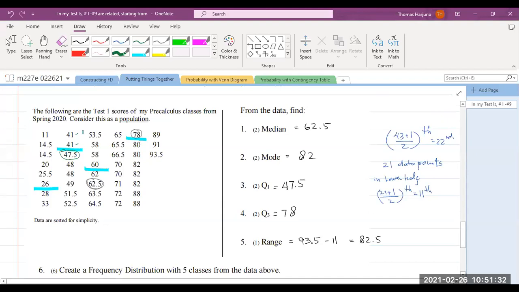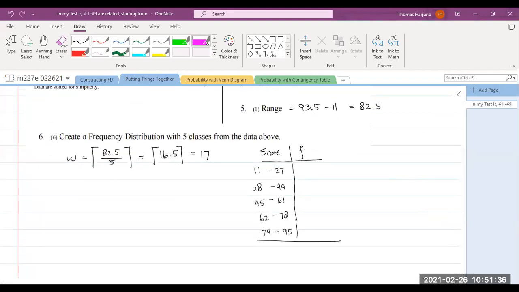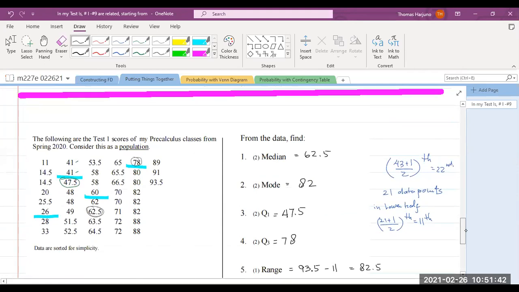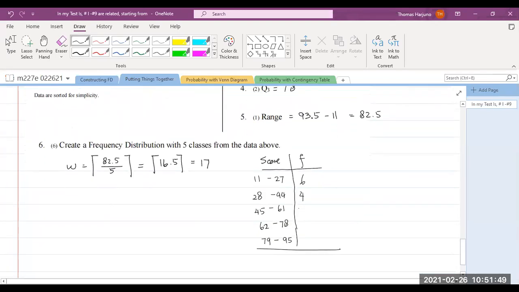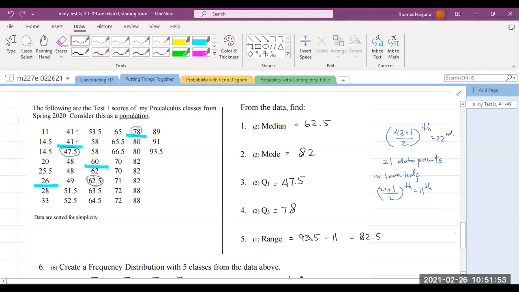Okay, good. So the first class has 6, second class has 4. This is 6, this is 4. The third class is 10. The fourth class is 4, 12, 13.